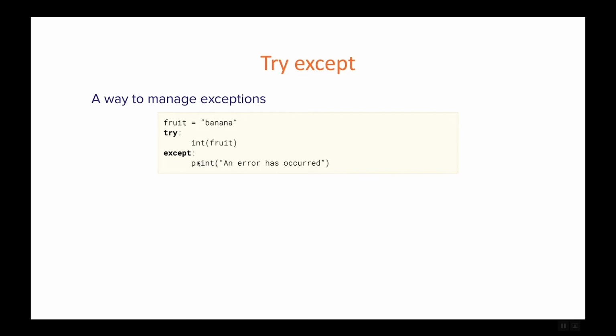The way we handle that is we put the code that might generate an exception inside a try block. So we have the keyword try, colon, and then we have a block of code. Now, if an exception does occur, the except block will be called, and then we can handle that in any way. In this case, we print an error has occurred.